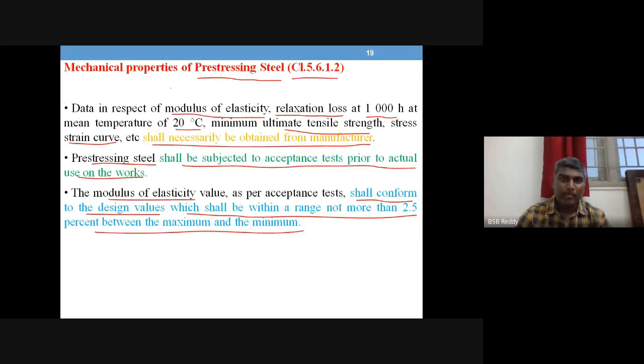IS 1343 2012 has given clearly that you shall obtain from the manufacturer all the properties, and also before you use it you shall test it for acceptance, okay, and shall see that the design values shall be within the range of 2.5% between maximum and minimum.